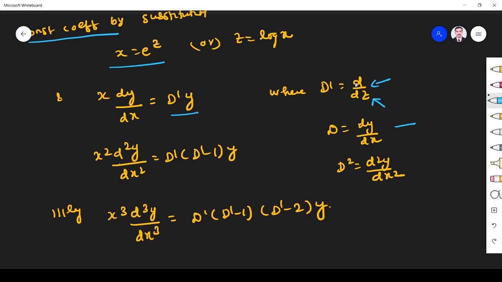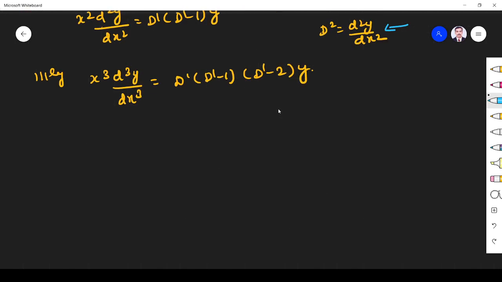D is d by dx, D squared is d squared y by dx squared. The only thing to remember is d dash is d by dz, where x is equal to e power z, that is, z is equal to log x.